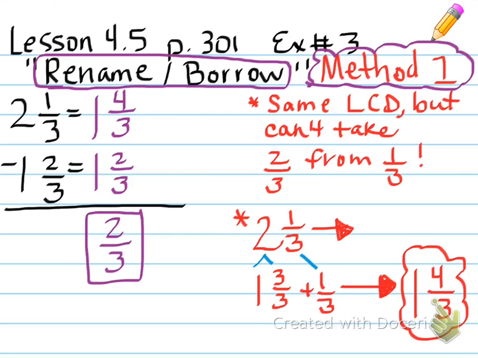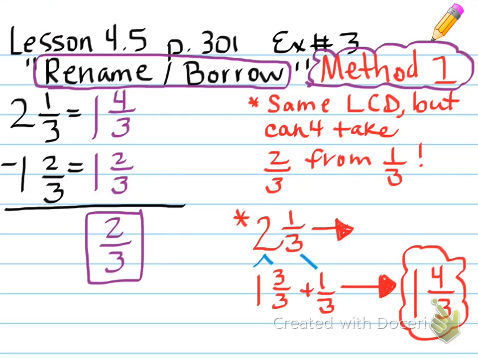Okay. Now in this example, I noted off to the side in red, they already have the same common denominator, but the problem is I can't take 2/3 away from 1/3. That's why the renaming or the borrowing is necessary. So look at what I did in the red with 2 and 1/3.